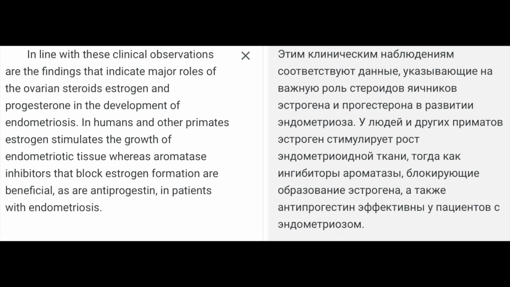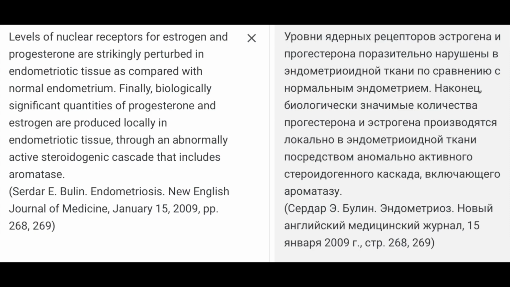In patients with endometriosis, levels of nuclear receptors for estrogen and progesterone are strikingly perturbed in endometriotic tissue as compared with normal endometrium. Finally, biologically significant quantities of progesterone and estrogen are produced locally in endometriotic tissue, through an abnormally active steroidogenic cascade that includes aromatase.